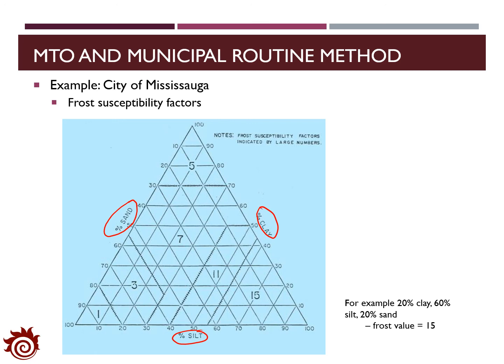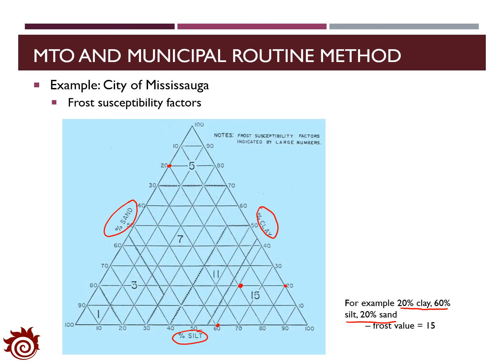For example, if we consider the subgrade material with 20% of clay, 60% of silt, and 20% of sand, by checking the line of these three values, the intersection could be found at this point.